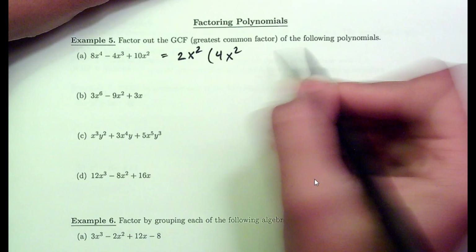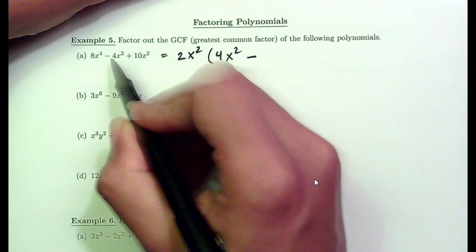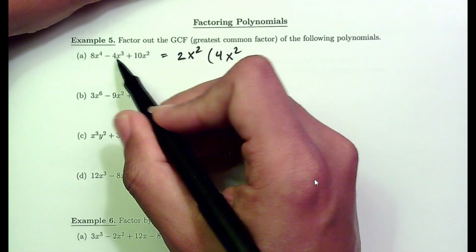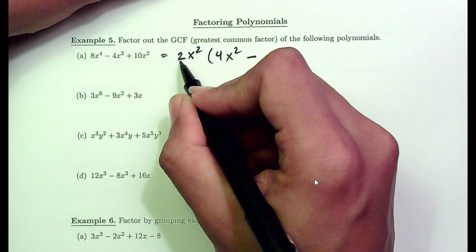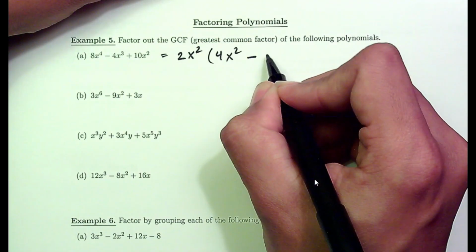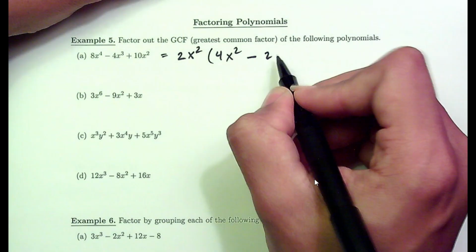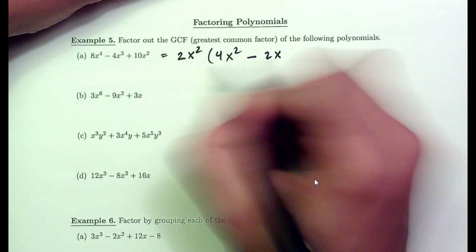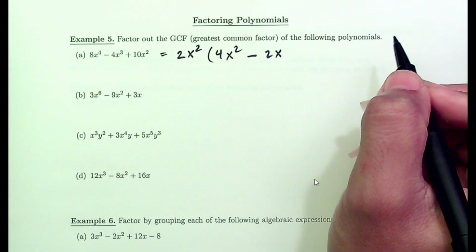All right, and then you keep moving on to the next one. You put that minus that was there. And then think, okay, from the 4x cubed, what do I need to write here so that when I multiply it by 2x squared, I get 4x cubed. So I need a 2, because 2 times 2 is 4. And then I need 1x because x times x squared is going to give me the x cubed that was originally present.